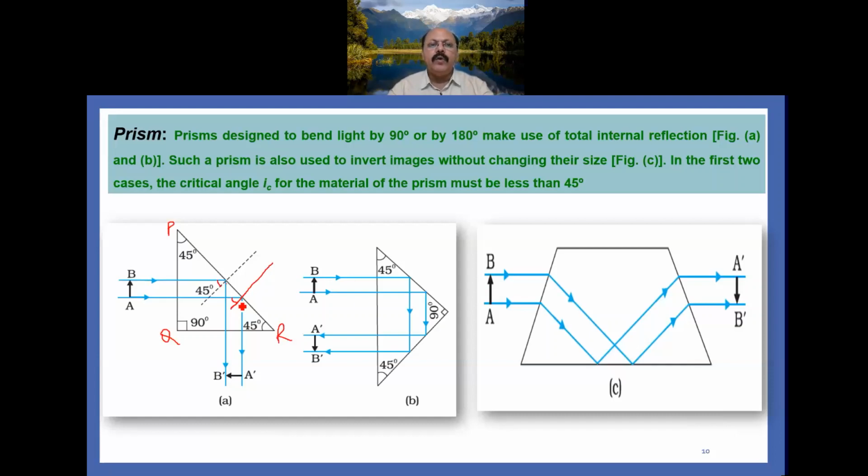Then it undergoes total internal reflection, is incident normally on the QR surface of the prism, and makes the image of point A, that is A dash. Join A dash B dash, which is the image of the object AB. Similarly, in figure B, the same explanation applies, and the same concept you have to apply in diagram C. So this is about the prism.